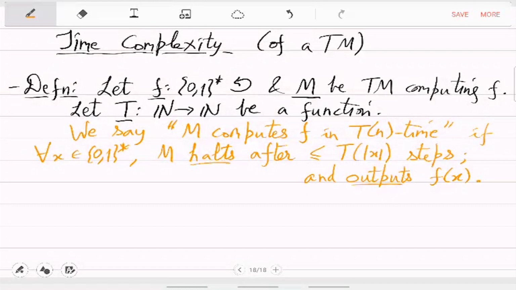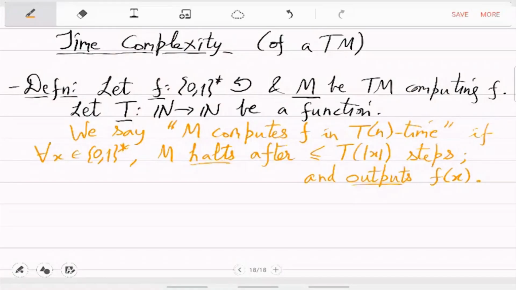We want to capture time complexity as a function of the input length, because the input string can be arbitrarily long. We cannot keep track of how much time it will take for which string, as there are infinitely many strings. So we want a ballpark idea, the function T, which tells you how good or bad the Turing machine is.